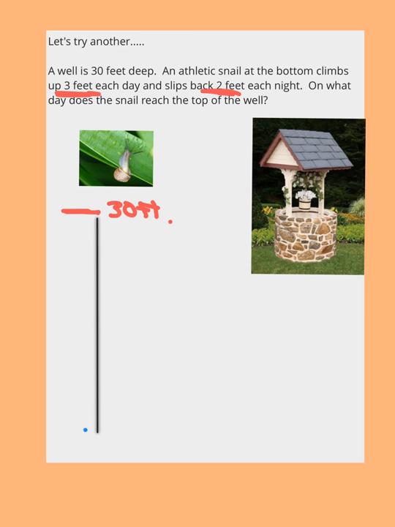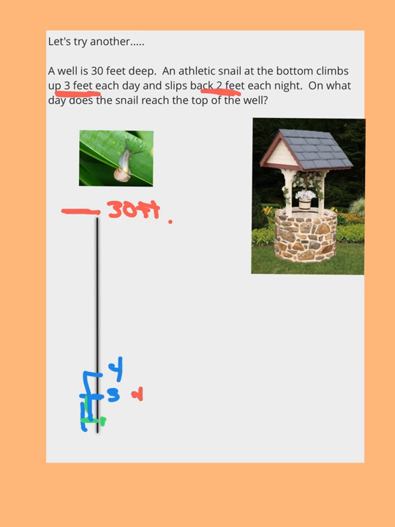So for day 1, we have the snail here at 3 feet. But then overnight, he slides back so that he's really at the 1 foot mark the next morning. So then day 2, when he goes up 3 feet again, it's going to put him at 4 feet.